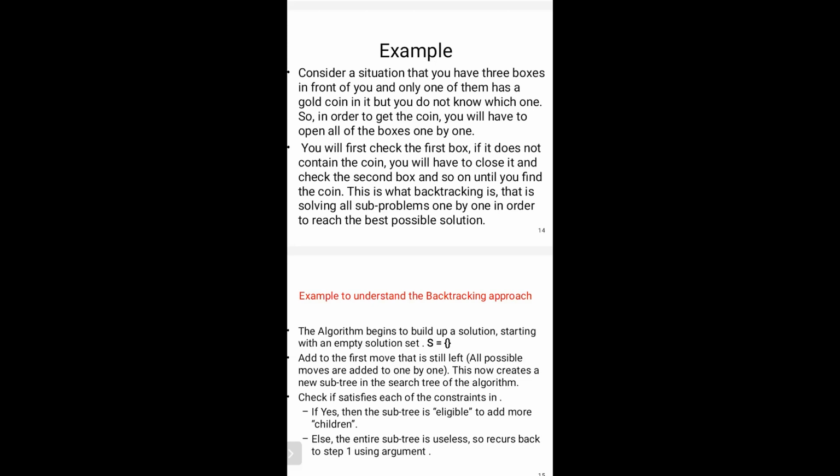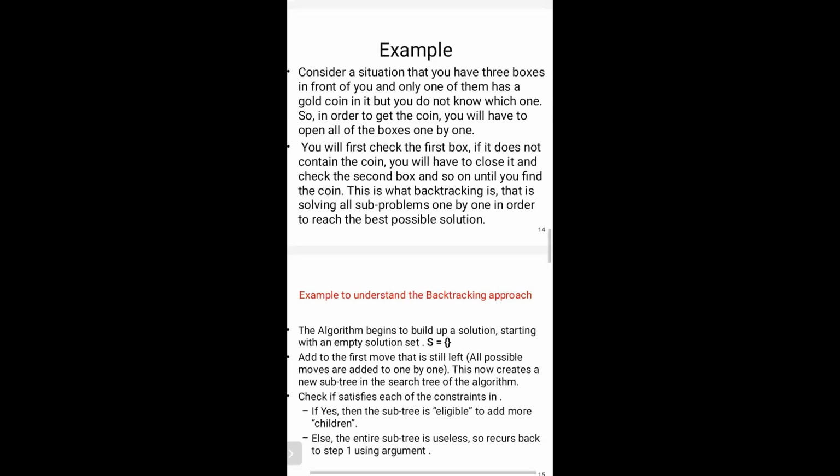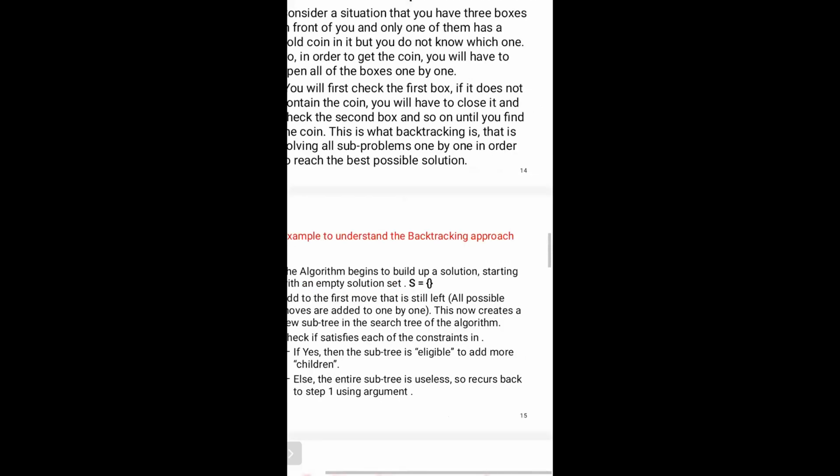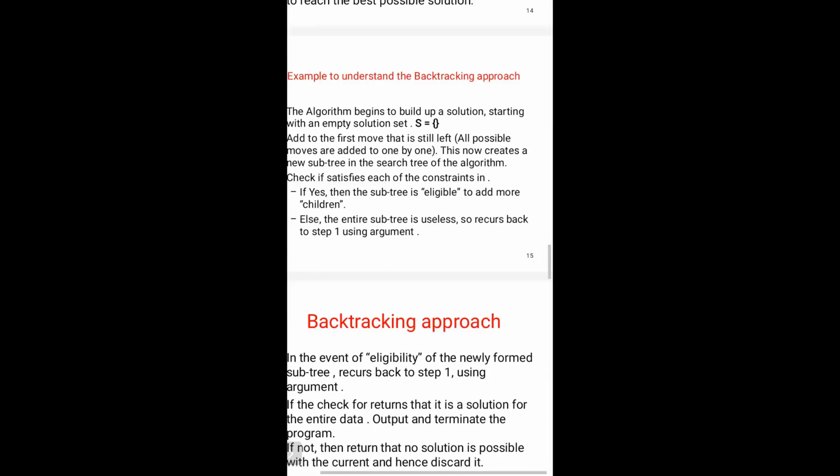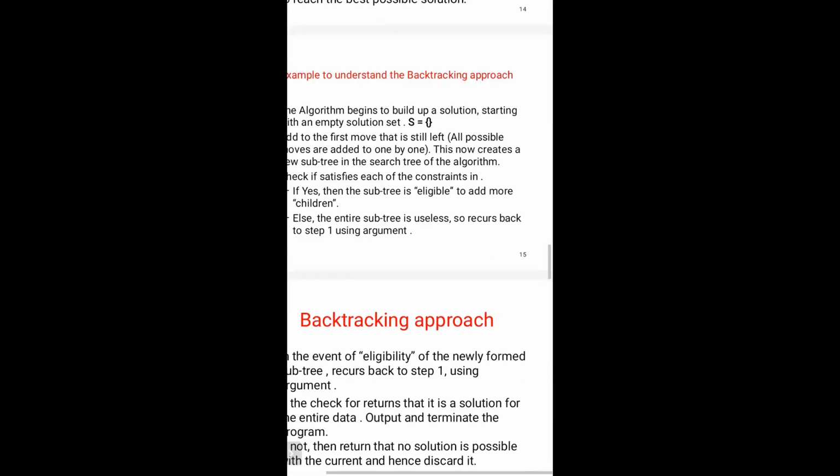So, just like the gold coin problem, you need to apply backtracking. Then you can solve the subproblems one by one to get the goal node, or the best possible solution. Now, an example to understand the backtracking approach. How do we understand it?